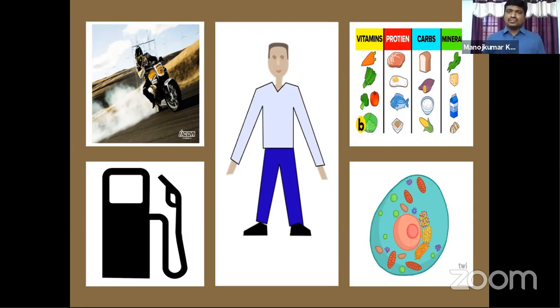Don't you think the process is almost similar, students? Here the fuel is petrol, whereas in human beings, in other living organisms or living cells, what is the fuel? Nothing but simple nutrients, isn't it? For example, carbohydrates are converted into glucose, proteins are converted into amino acids, and fats are converted into fatty acids. All these simple nutrients act like a respiratory fuel.